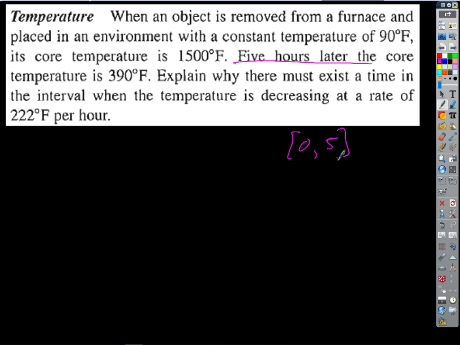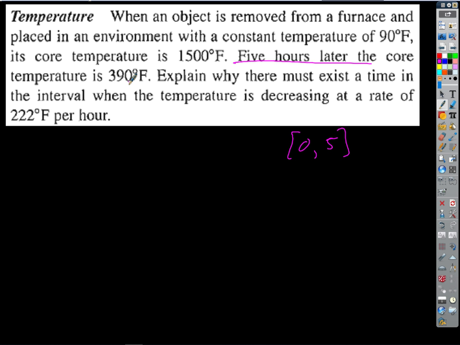Only place in physics you can do stuff like that is like in quantum mechanics, but normal physics doesn't work that way, right? So this has to meet the criteria of the mean value theorem because it's a cooling object. It's got to go through all the infinite temperatures in between 1500 and 390. It's got to go through them smoothly, right?